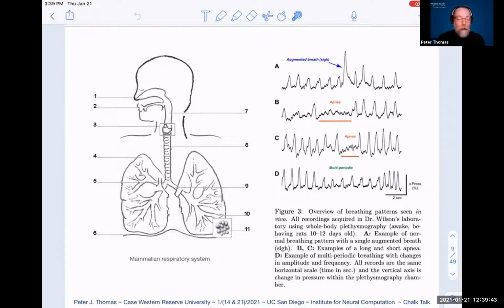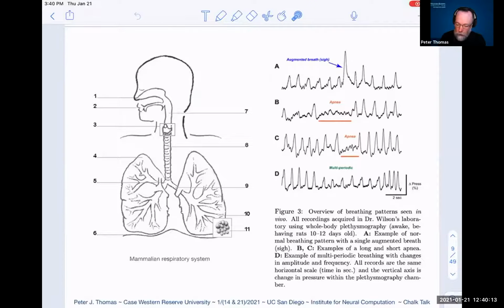The sort of data he's collecting is he can record the respiratory effort, or the changes in pressure produced by the lungs and the breathing system in, say, a rat. He's doing whole body plethysmography, where you take an animal and put it inside a chamber where, as it breathes, the chamber is a little bit flexible, and you can actually measure the pressure differences that it's producing as it's breathing.